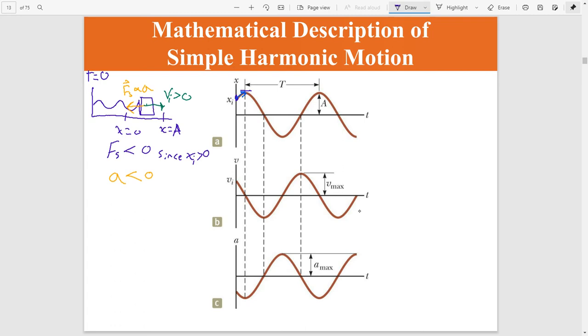The velocity versus time graph shows what I was talking about. So that's graph V. Our initial velocity is positive, it's to the right, but we're soon approaching max amplitude, a full stretch, which means we're going to be swinging back to the left.